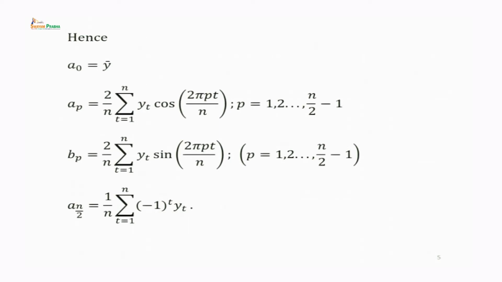And since cos pi t is equal to minus 1 to the power t, a n by 2 is equal to 1 by n summation over t minus 1 to the power t y t. So, from here you get the values of a naught, a p, b p and a n by 2.